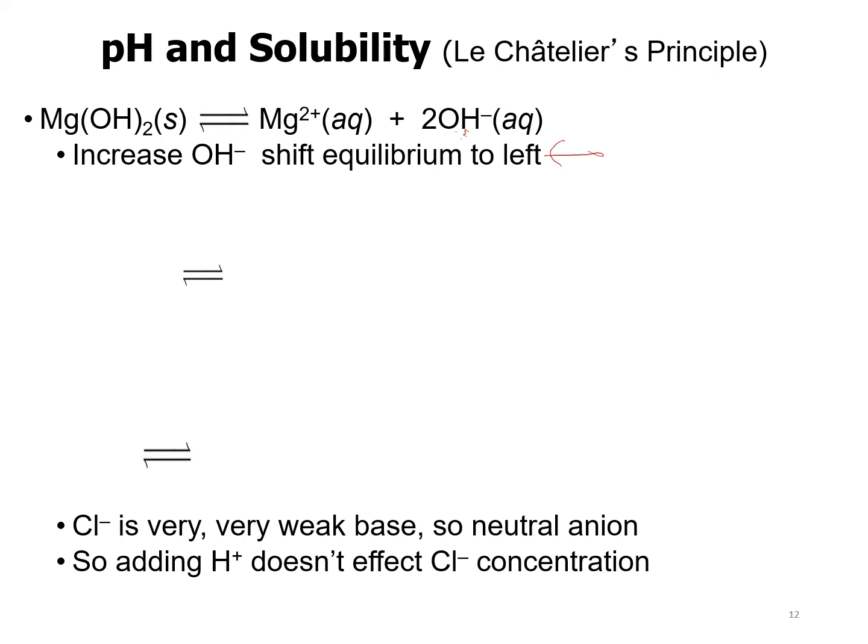On the other hand, if I increase the proton concentration, what will the proton do? Proton will react with the hydroxide ion, right? So it's going to reduce the concentration of hydroxide ion. As it reduces the concentration of hydroxide ion, the reaction tries to oppose that and increase the concentration of hydroxide, which means the reaction will move towards the right.